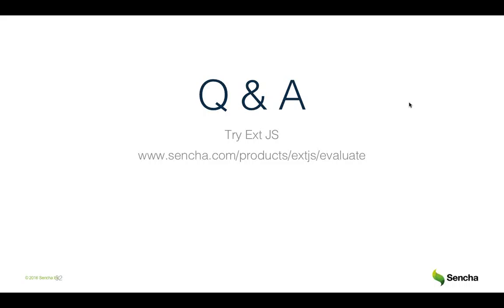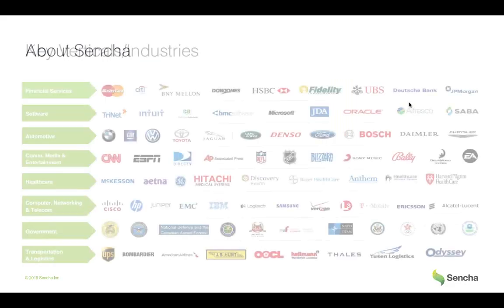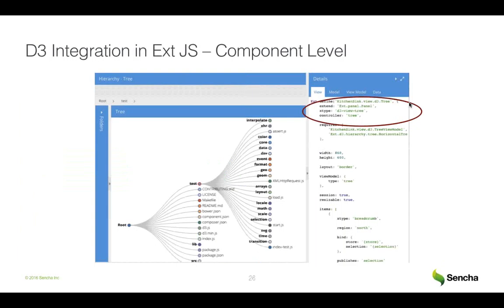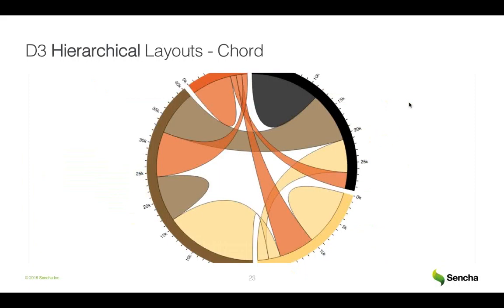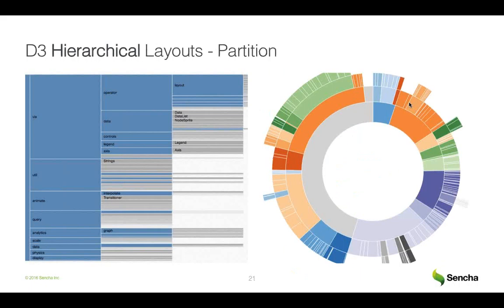So obviously a tree and a heat map makes a lot of sense, and that's what we're trying to do as well. Parallel coordinates is another one that makes a lot of sense. Then we have Chord and some of the other ones that you saw that makes total sense because of the kind of data our customers have.